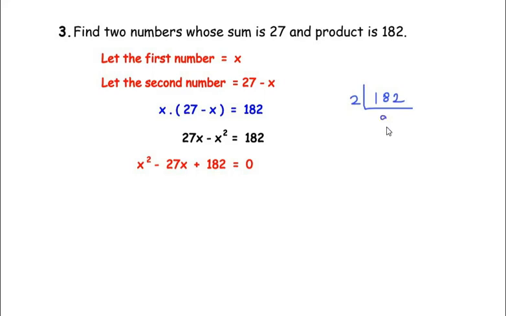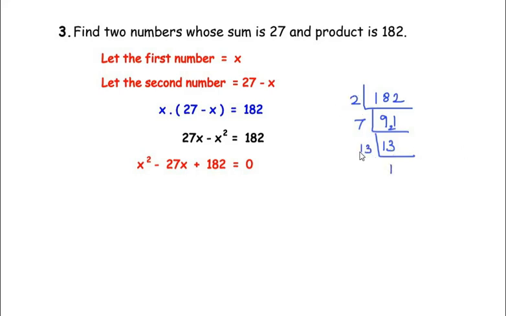So 2 9 times is 18 and 2 1 times is 2. Now 91 is divisible by 7. That is 7 1 times is 7 and we have a remainder 2 here giving us 21. So 7 times 3 gives us 21. Now 13 is a prime number, so it will divide itself giving us 13 1 times 13.